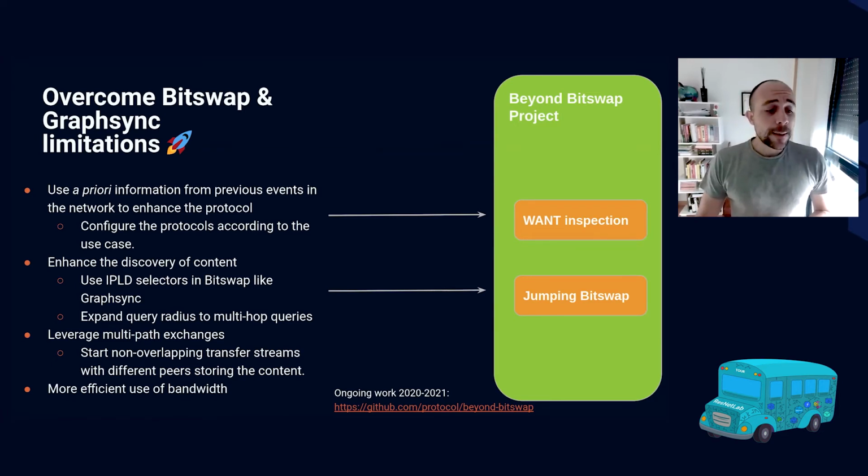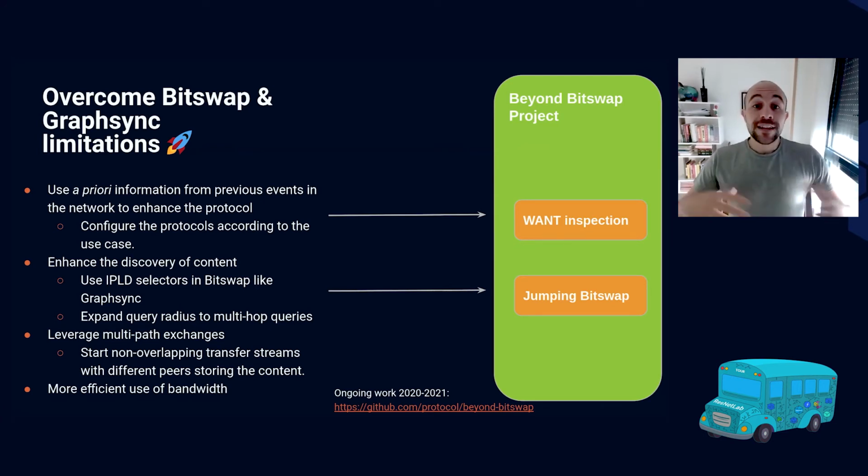And finally, it would be great if we can leverage multipath exchanges. There are a few RFCs that suggest ways in which we can leverage as much as possible this multipath download. Because in Bitswap, what we do is first a content discovery in order to find who's storing the content in the network, and then a content exchange. So we could use, for instance, network coding in order to leverage multipath exchange.